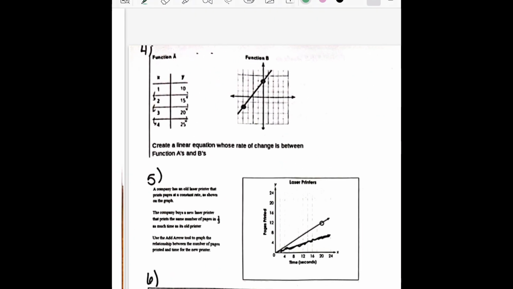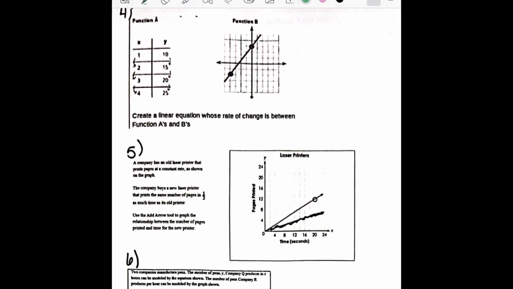All right, going on to number 4. Number 4 gives you 2 functions, function A and function B. Function A is a table, function B is a graph. The question says create a linear equation whose rate of change is between function A's and function B's.